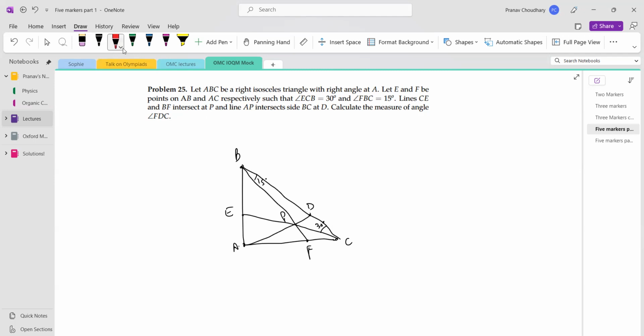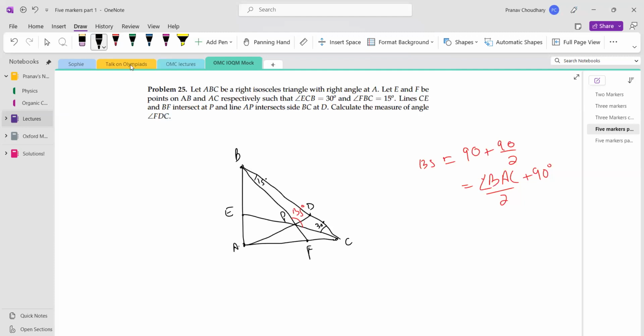So let's just try to angle chase a bit. So like this is 30, 15. So this angle would be 135 degrees, which is 90 plus 90 by 2, which is angle BAC by 2 plus 90 degrees.